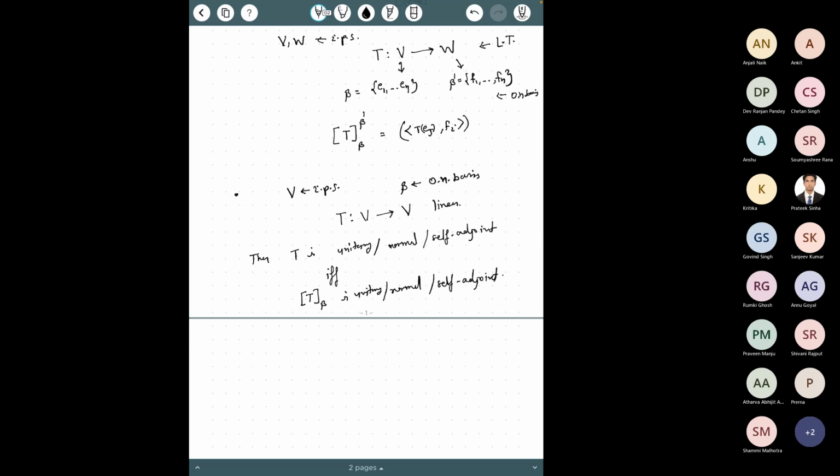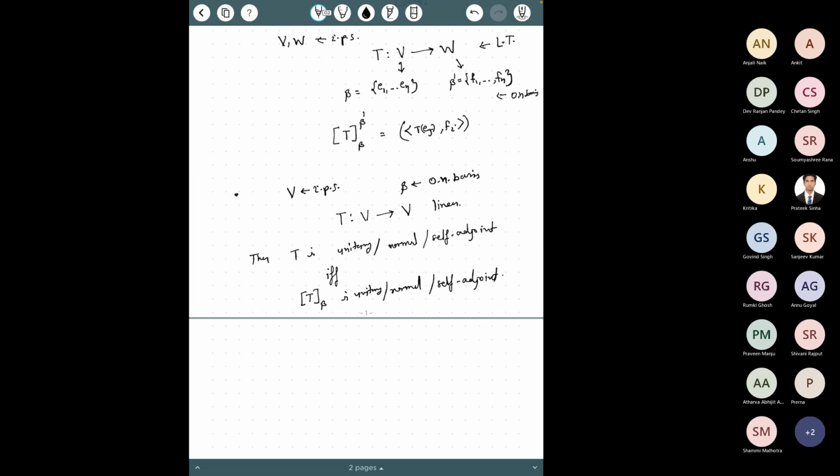And similarly, we know the rank of a matrix. So what is the rank of a matrix? There are several ways to define it. Let's say the rank of A is the dimension of its column space. And then there are several equivalent characterizations: rank is the number of linearly independent rows, the number of linearly independent columns, or the dimension of the row space.